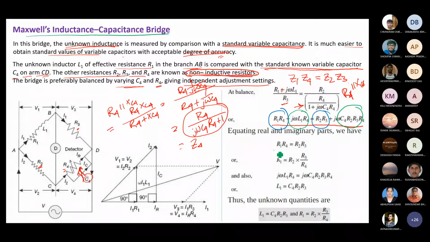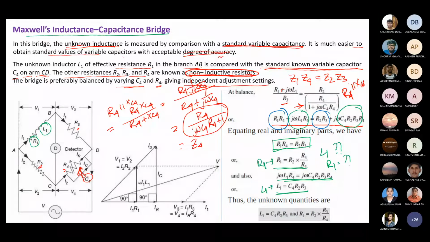Comparing the real part, finally you will get the expression R1 equal to R2 into R3 by R4. Then comparing the imaginary part, you get L1 equal to C4 R2 R3. So the unknown inductance L1 and its resistance R1, both you need to find out, and you are able to get both expressions.